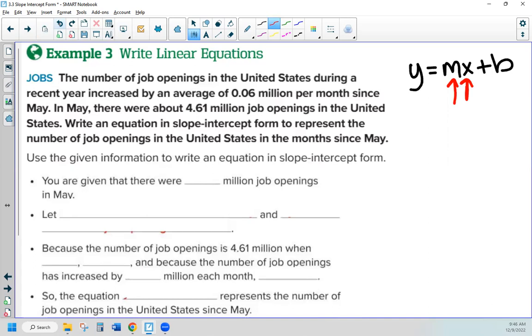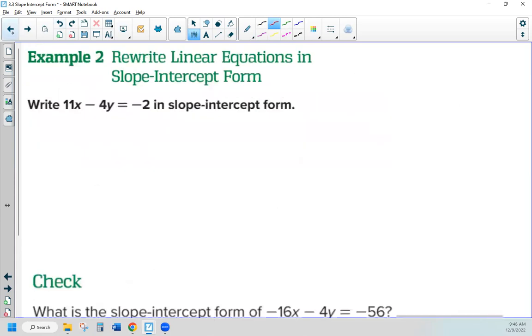Write an equation in slope-intercept form to represent the number since May. Okay, so they're not giving us exactly what x is, but what I wanted to say is m is a number. If you remember closely from the ones that we've done before, m right here is the number that multiplies with x.